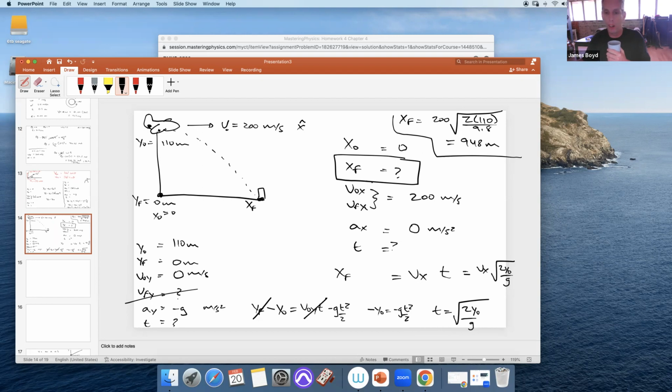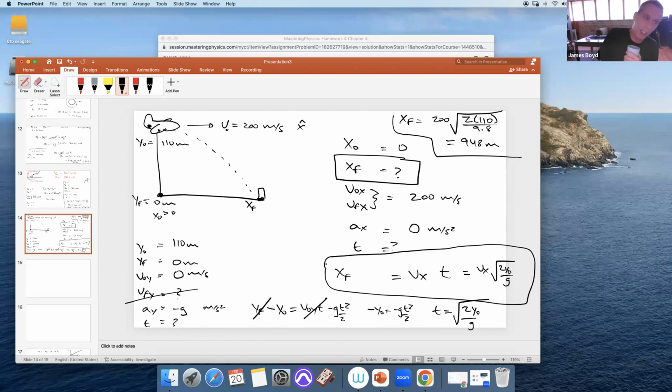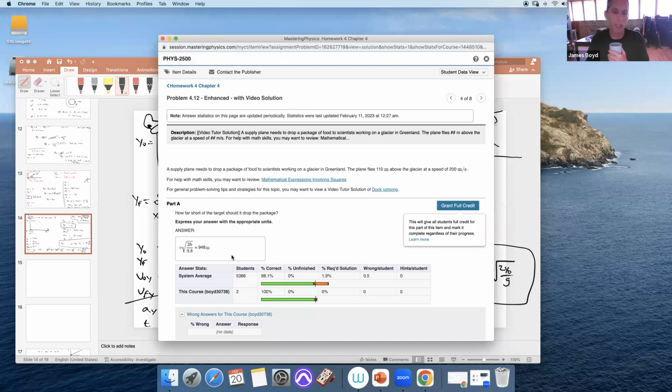Then I solved for x final, which is, I had to be smart and read the question correctly, but what it was asking was how far away. So it was asking for x final. X final is vx of t, but I don't have t. So I had to use my y equation to get my t. And when I did that, I found 948. Okay.